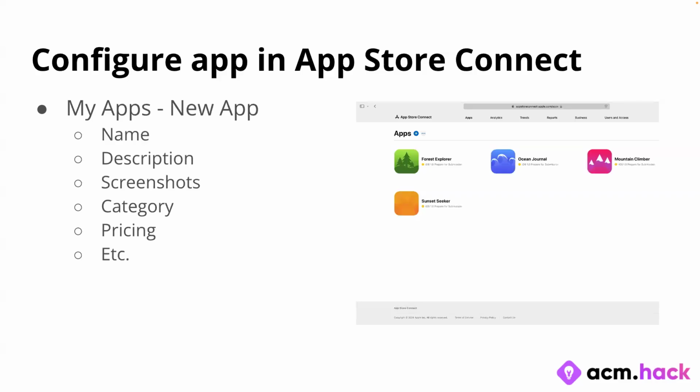To do this, you log in to the App Store Connect page and go into My Apps. You then press on New App right there. From there, you can add all your names, descriptions, screenshots, category, pricing, and all the other information about your app.